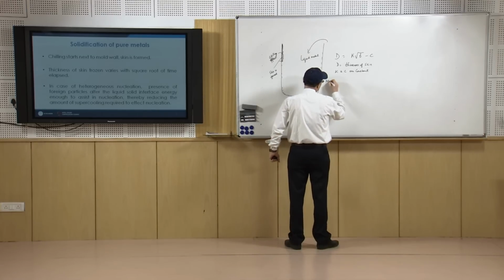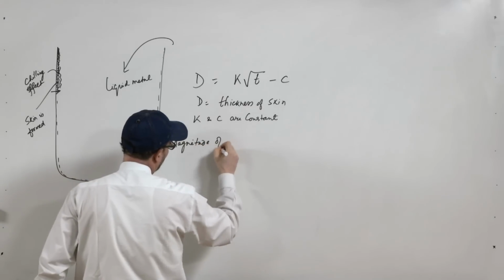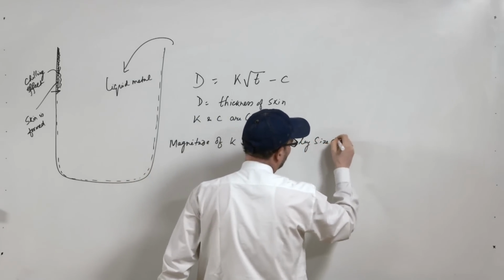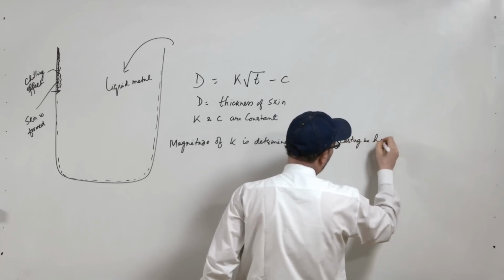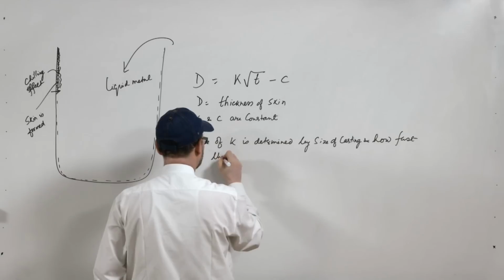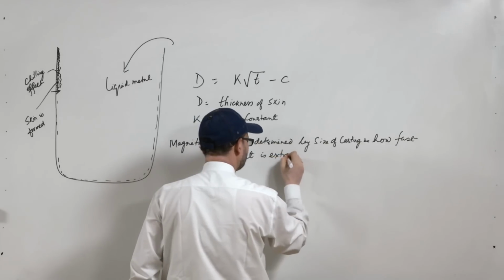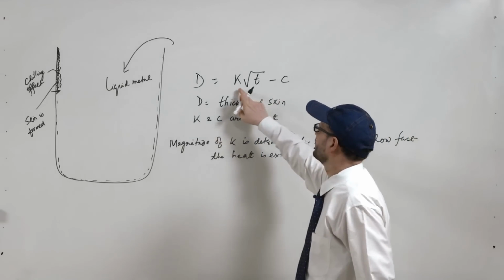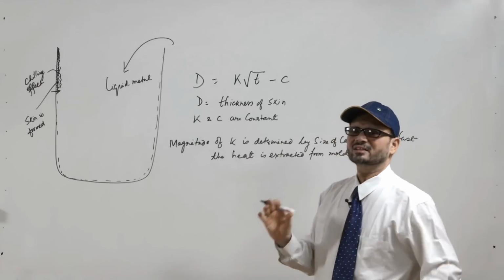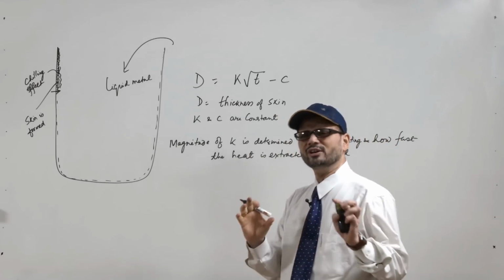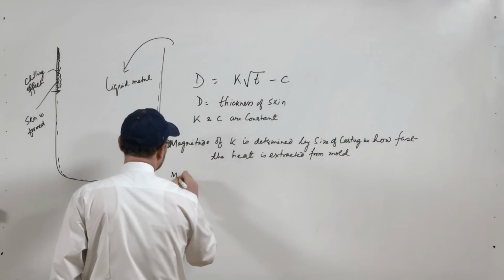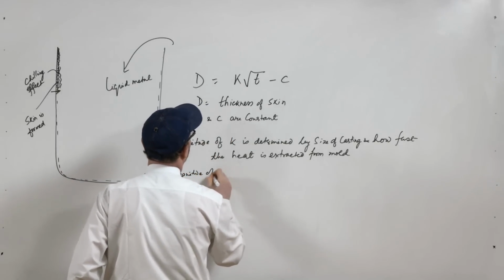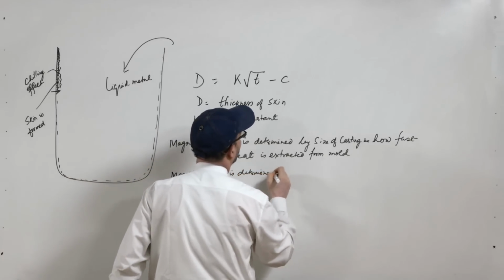The magnitude of k is determined by the size of casting and how fast the heat is extracted from the mold, like what type of mold it is, metal or sand, and the magnitude of c is determined by the degree of superheat.